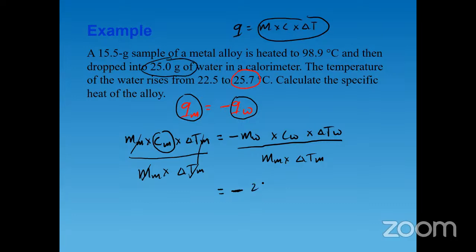So we put 25.0 grams here, multiplied by the specific heat of water, which would have to be provided to you, 4.18 joules per gram degree Celsius. And then we multiply by the change in temperature of the metal, right? What's the change in temperature of the metal? It's the final temperature of the metal minus the initial temperature, right?